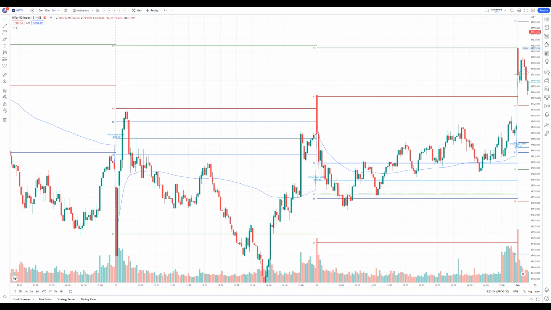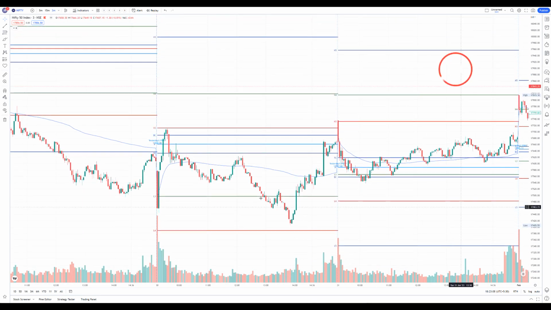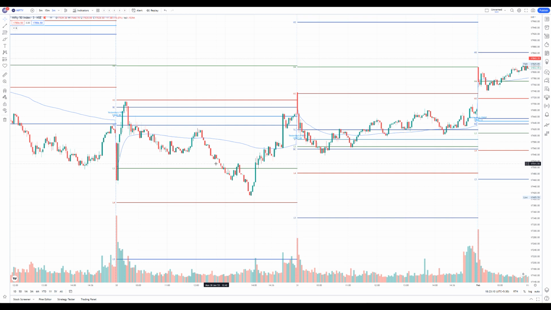Because we are using it with our standard Camarilla indicator, we get very good signals. When the market has opened, this VWAP line will act as a magnet. It will also act as support and resistance in certain places, and those are the places where we will get very good trading opportunities.